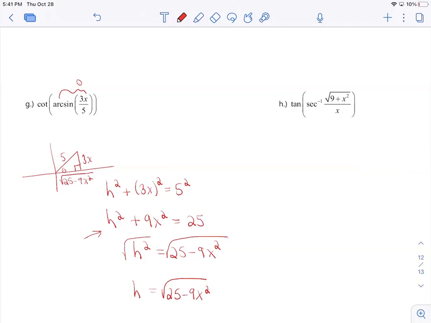Okay, so now cotangent, remember, that is the reciprocal of tangent. So that definition is adjacent over opposite. So my adjacent is root 25 minus 9x squared over opposite.